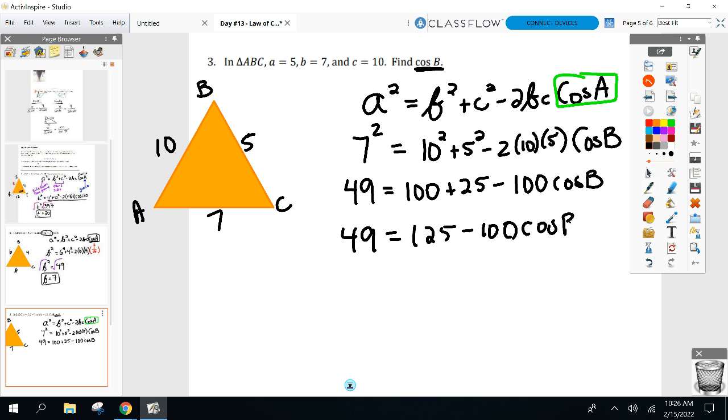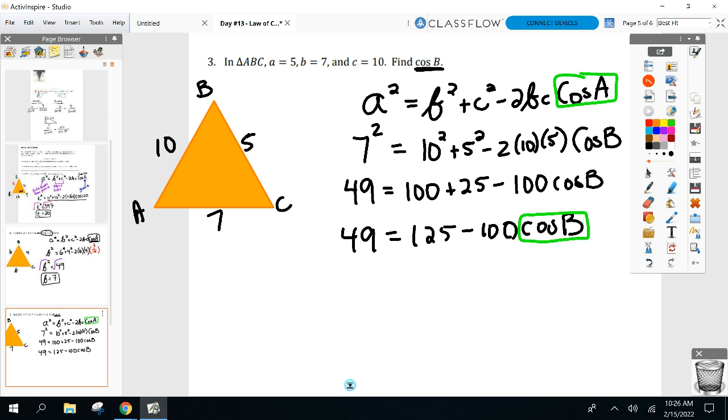So that's where I'm at right now: 125 minus 100 cosine B. Remember what we're solving for. I need to get this by itself. How many algebra studs in the house? How do I get cosine B by itself? What would be your next move to move stuff out of the right side over to the left? Remember, this is your variable. You need to get it by itself. Got a suggestion, Romeo?